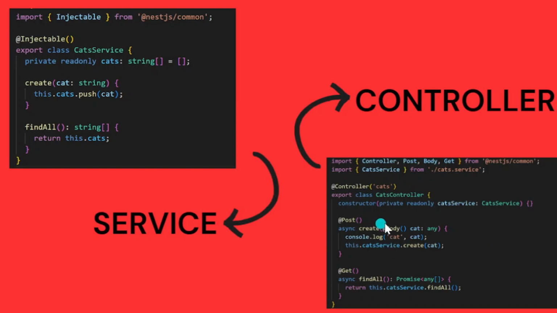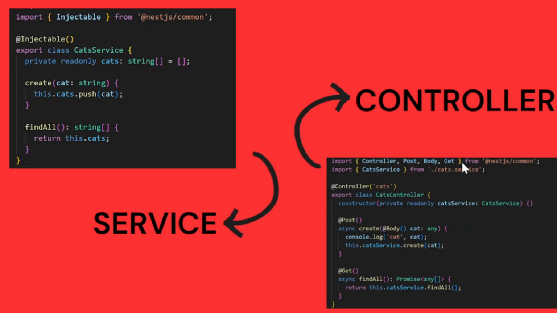As you can see here, my controller, which is the cats controller, depends upon the cat service. So dependency injection allows the creation of dependent objects outside of a class and provides those objects to a class through different ways. One of the ways which we utilize here is the injection through the constructor.